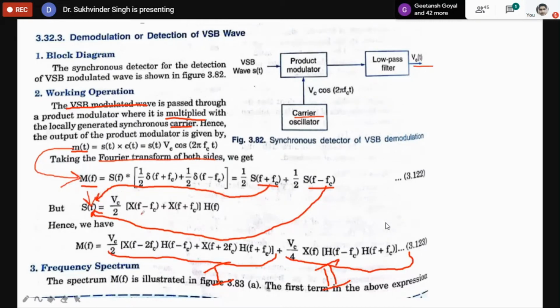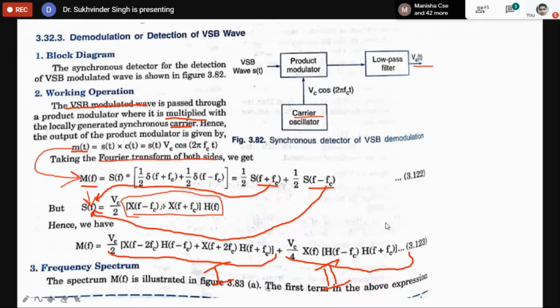So on substituting f plus minus fc, everywhere in this equation where f is present, in place of f we substitute f plus fc, minus fc. The fc gets cancelled. This will become X(f), which is given in this equation, H(f minus fc), H(f plus fc).